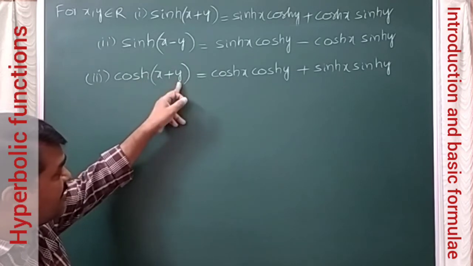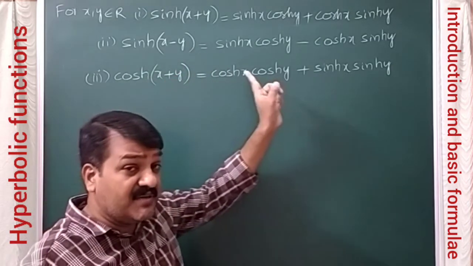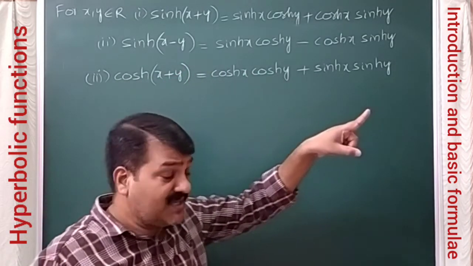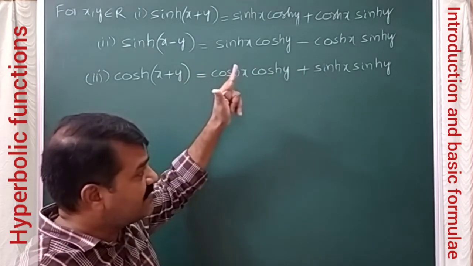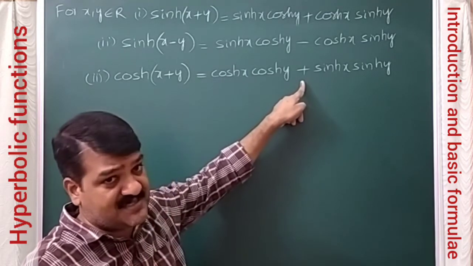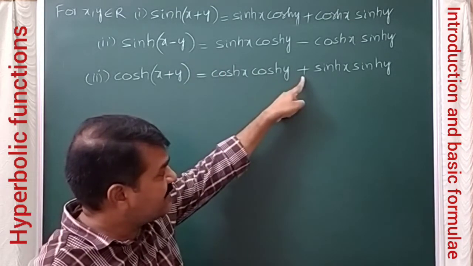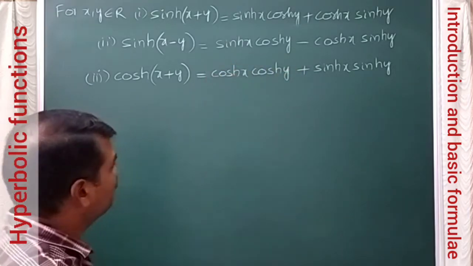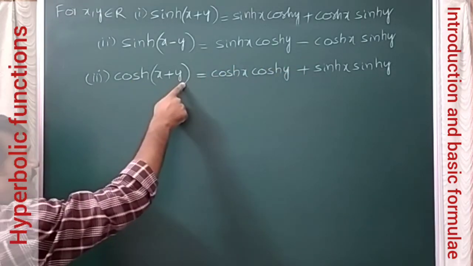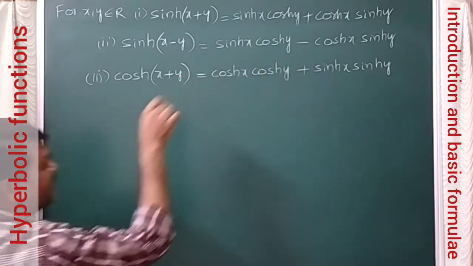Cos of a plus b is cos a cos b minus sin a sin b. Here we are not getting minus in between. It is like cos of a plus b, but there is a difference. Cos of a plus b means minus will come here, but you have plus here. So cosh of x plus y, you are getting plus in between the terms only.